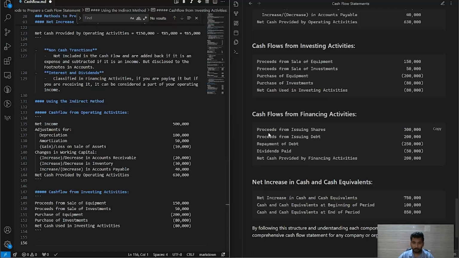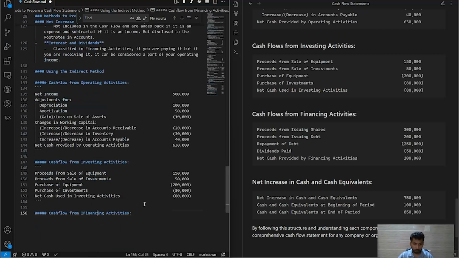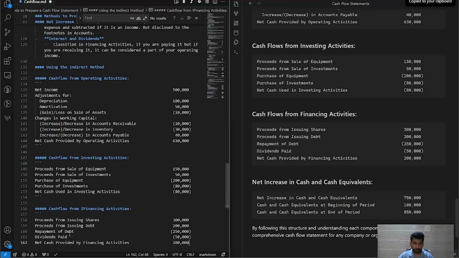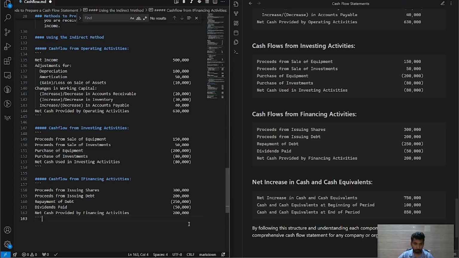Then finally, the cash flow from financing activities. And the net increase in cash and cash equivalents.